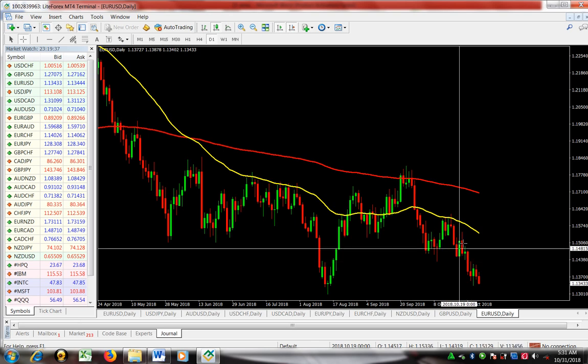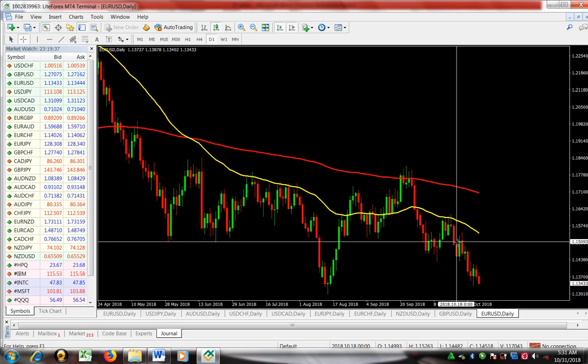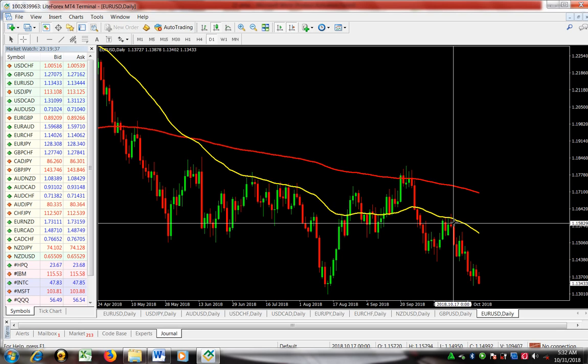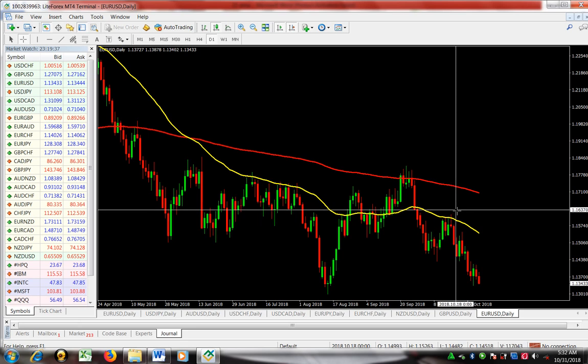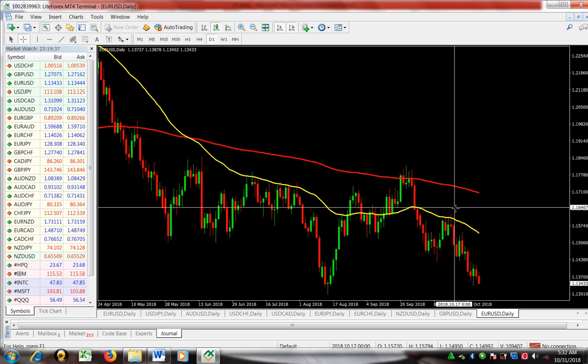And then we can also place our stop loss right above the bar that we entered. We've sold this bar, so the bar that we sold is going to be the best setup for our stop loss. We put a stop loss like 20 pips above the moving average, or we use the previous bar.